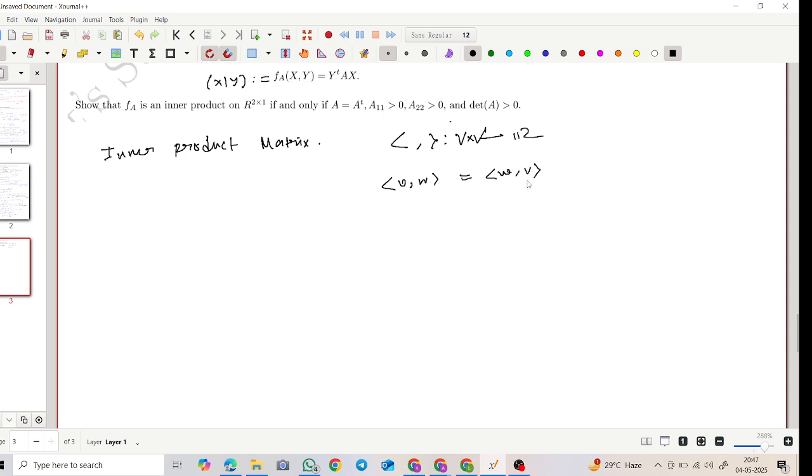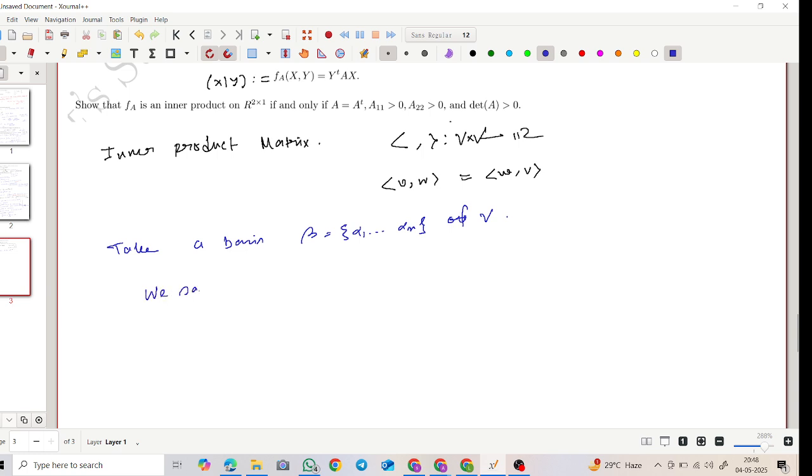Inner product is symmetric over reals. Over complex, we need a conjugate. So what is an inner product matrix? Take a basis beta equals to say alpha 1 to alpha n of V.